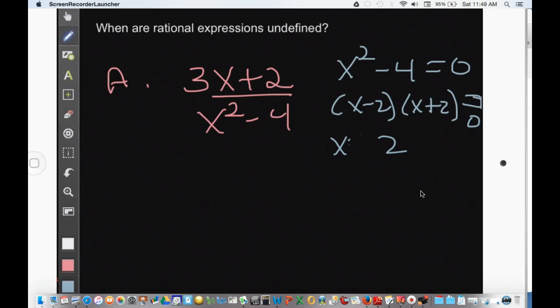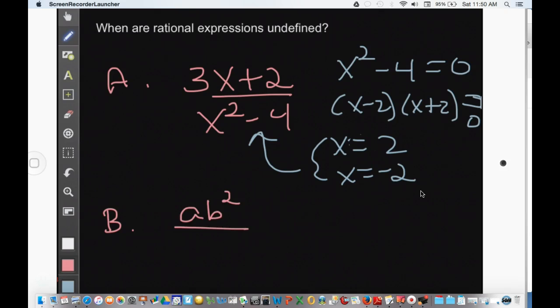So if x is equal to 2 or x equals -2, this denominator will now become 0, and the entire rational expression will be undefined. So it's undefined at plus or minus 2. In your notes, I would like you to do example B, and that is, I would like you to tell me when AB squared over 3A minus 2B is undefined. So turn off the video and give this a shot.